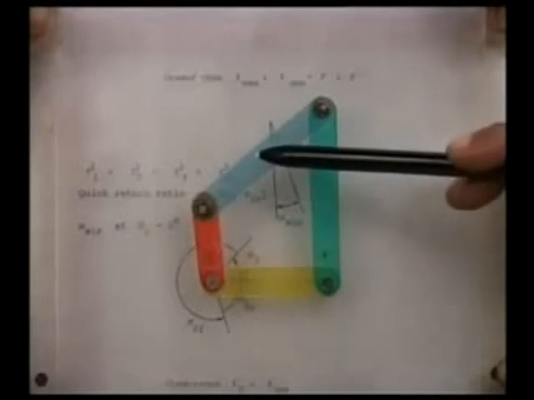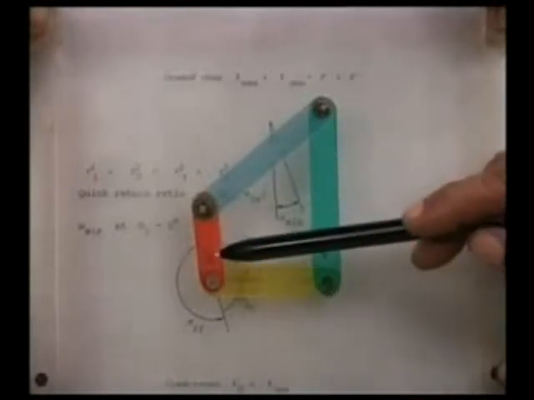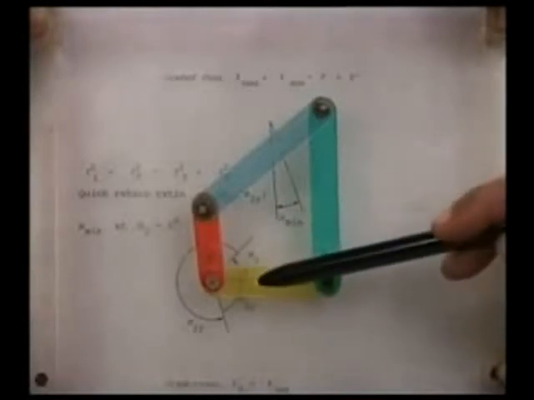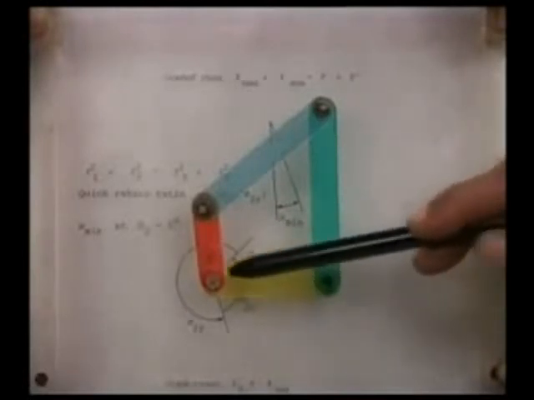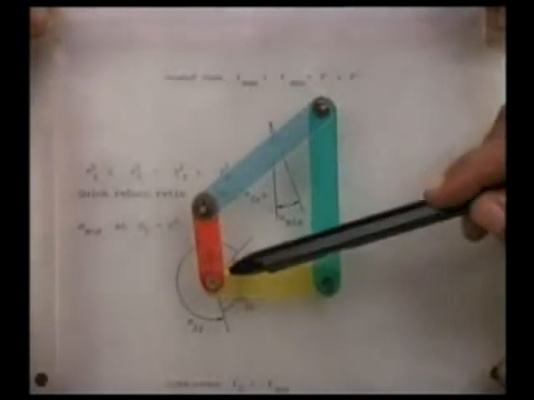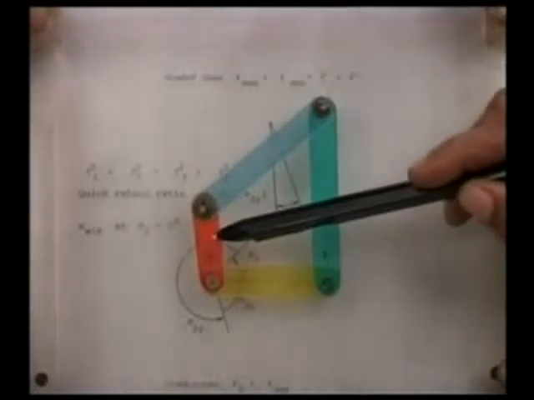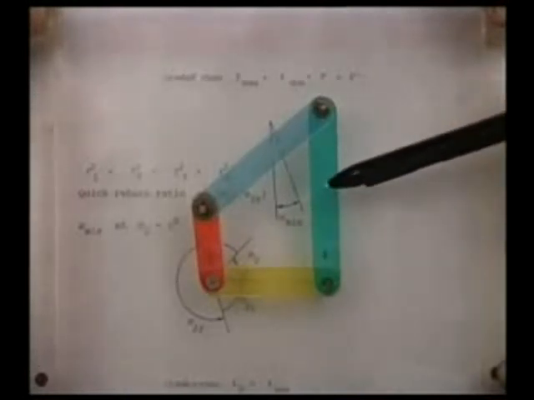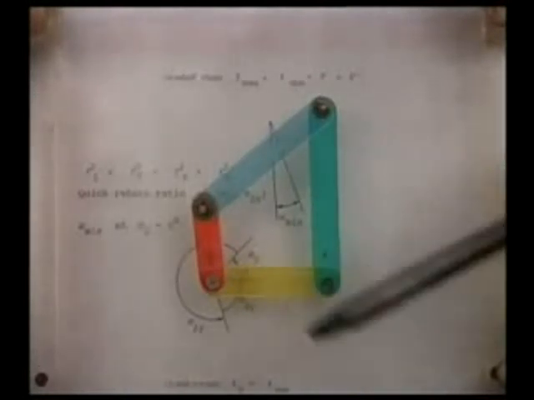Now in this Grashof chain, if I hold one of the links which is adjacent to the shortest link, that is this yellow one, fixed, then we get a crank rocker, because the shortest link is able to make complete rotation with respect to this link, whereas this green link only oscillates with respect to this link.